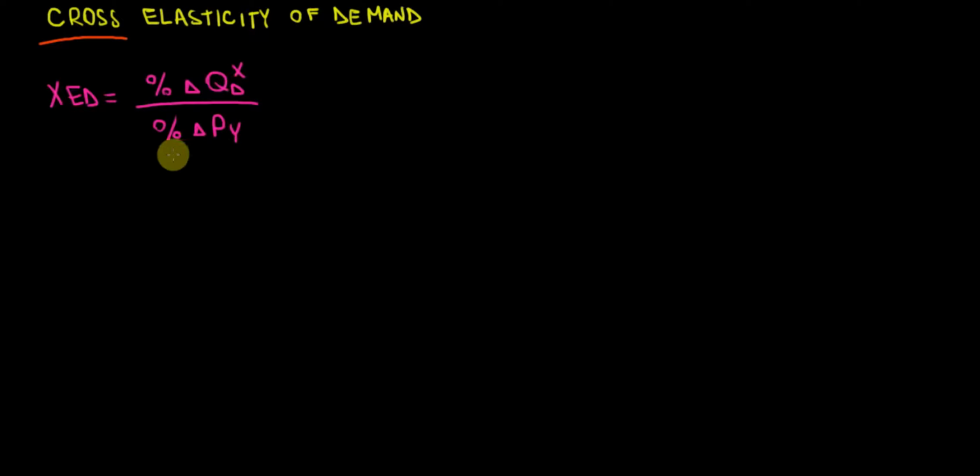Now, let me show how this cross elasticity of demand would work when there is actually a meaningful relationship between those two products. Consider the example of apples and bananas. These are our two products. I will give an example with numbers that I made up myself, hopefully to prove the point I'm trying to make.